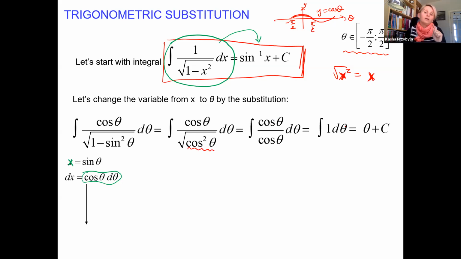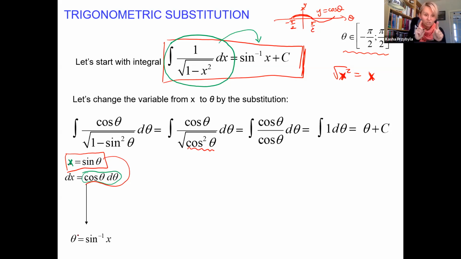The only thing that we have to do is get back and have our final answer in terms of the original variable, which was x. Looking at my substitution, if x equals sine theta, then inverse sine of x equals theta.